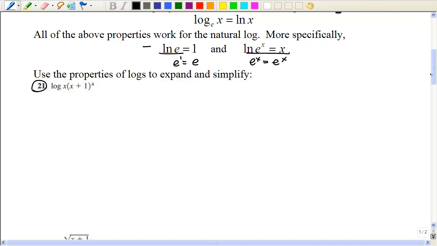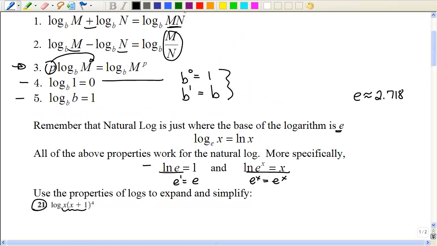So let's look at this one. We have the log of two things multiplied together. So from that first property, we can go backwards. If we have two things multiplied, we can rewrite it with an addition sign. So we can say this is the log of x plus the log of x plus 1 to the fourth power.